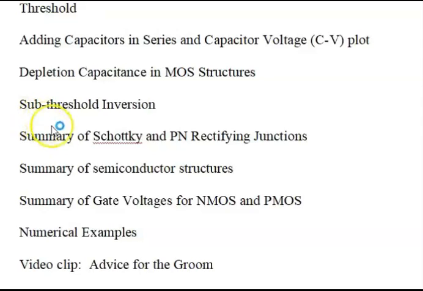And then we'll be doing a few things like a summary of the Schottky and PN rectifying junctions. Again, remember that Schottky could be either rectifying or non-rectifying. Generally, the rectifying is the more important. Then we will go on to a summary of semiconductor structures.